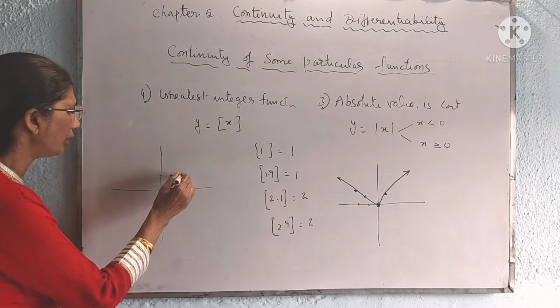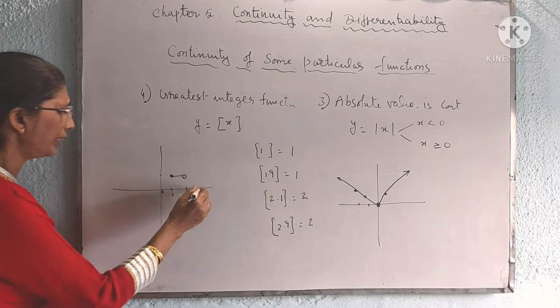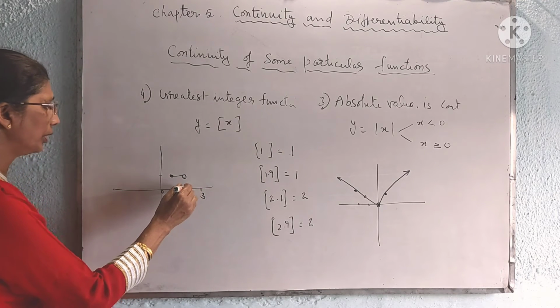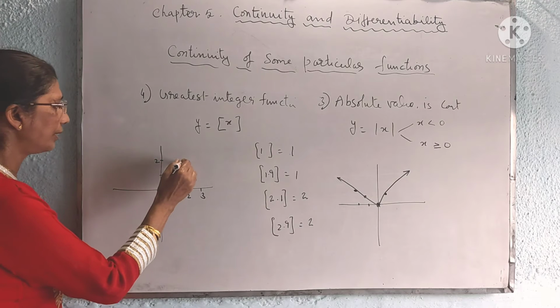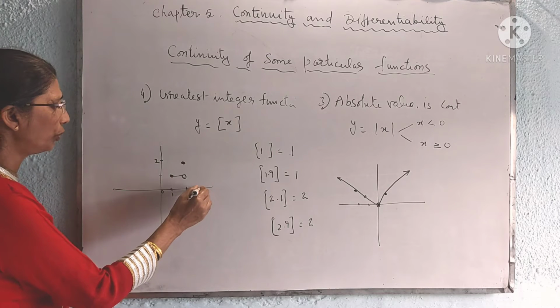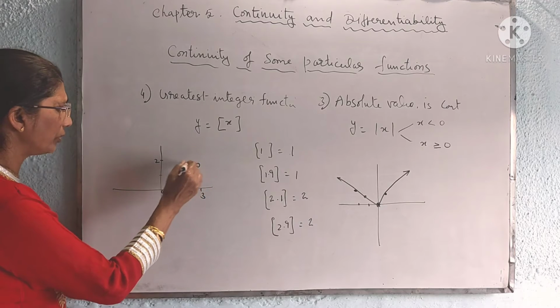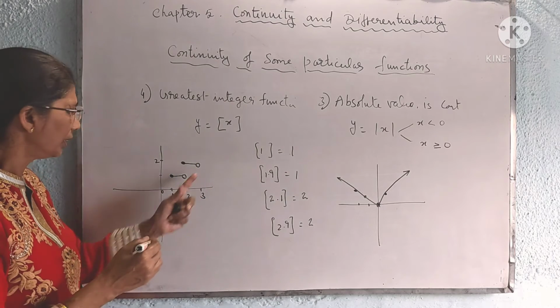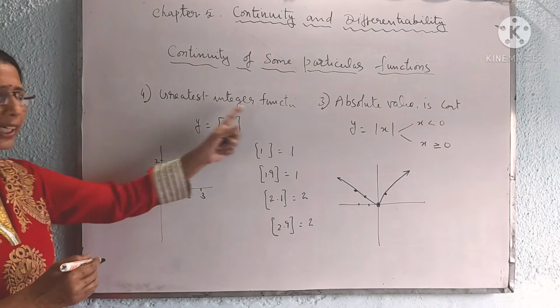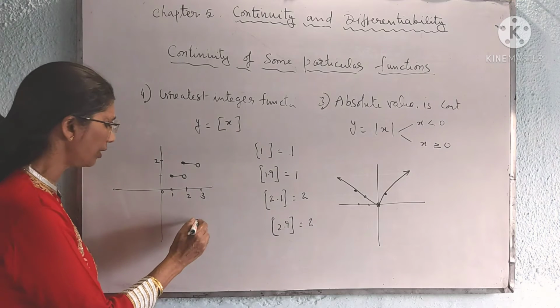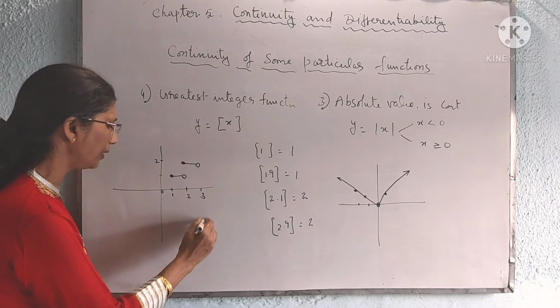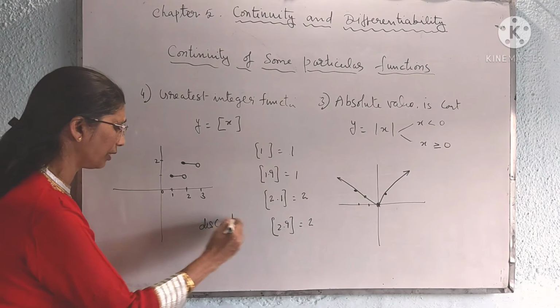Except 2, all the numbers here it will come. When it is 2, the greatest integer is 2. But for 2.3, nothing comes, there is a gap. This way it will come. That means the greatest integer function is not continuous. That means it is discontinuous.